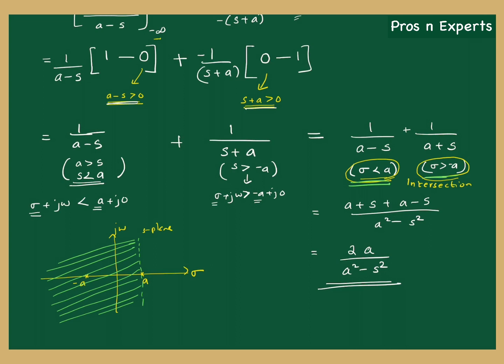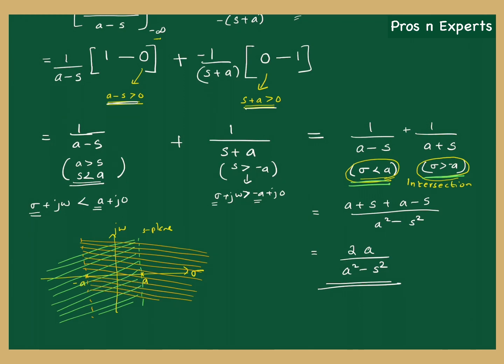For the second term it is sigma greater than minus A, so it would be something like this: the entire S plane where sigma is greater than minus A.